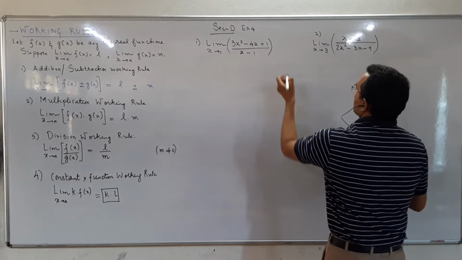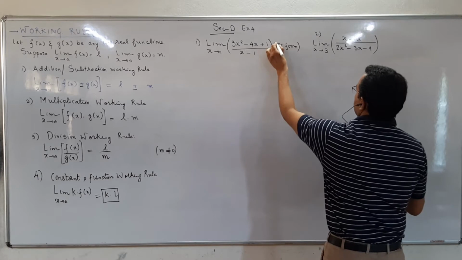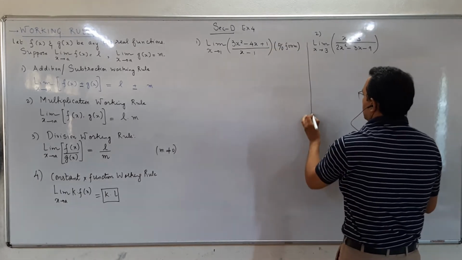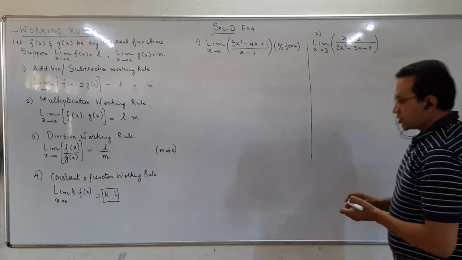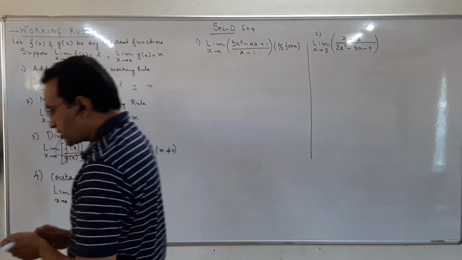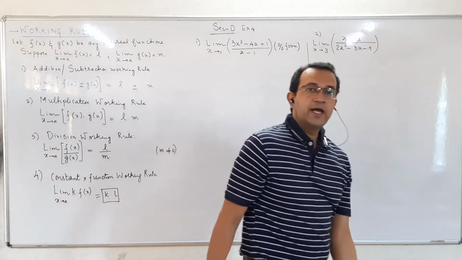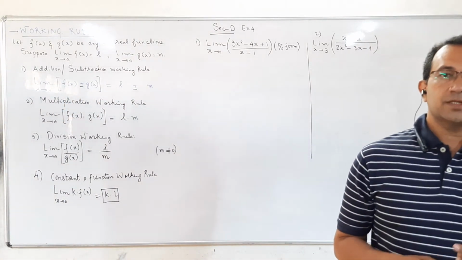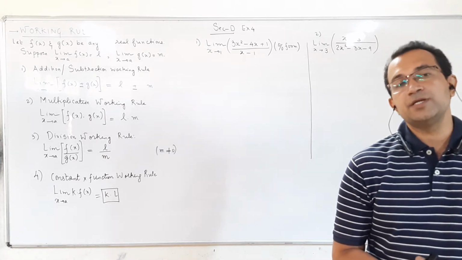So this type of sum is called 0 by 0 form. This we teach in science, but you can easily understand. So on substitution of limit, if your numerator and denominator both become 0 at a time, this type of sums are called of which form? 0 by 0.